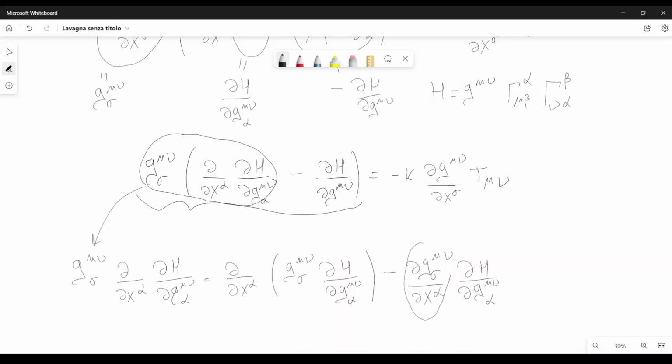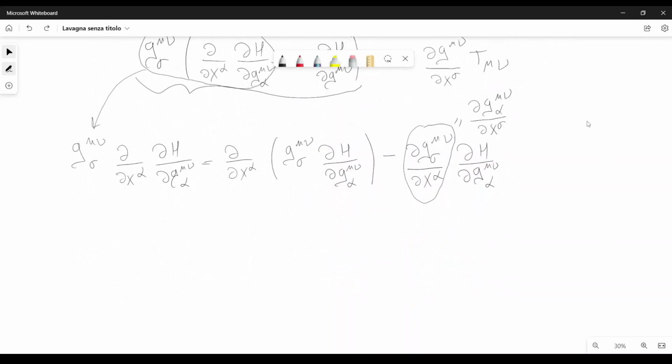Now this term here is equal to the derivative of g^{μν}_α with respect to x^σ, because the order of derivatives is not important. So if we exchange the order, we can also exchange the order of the two indices alpha and sigma.